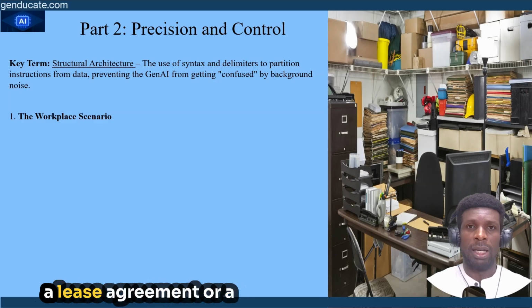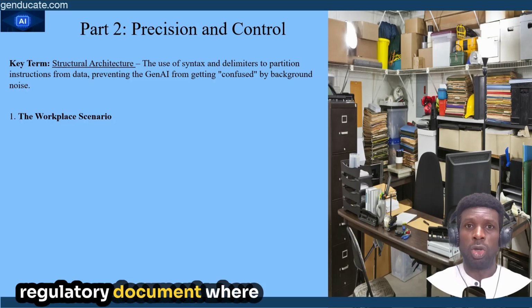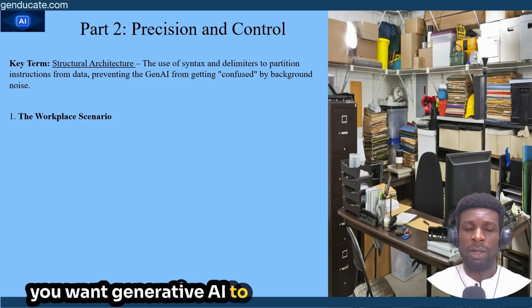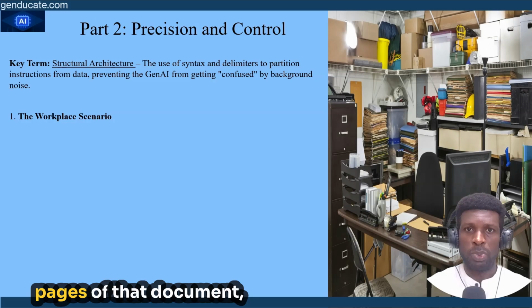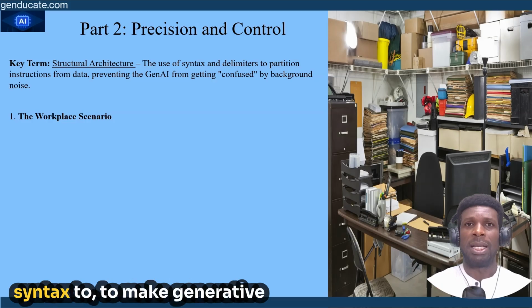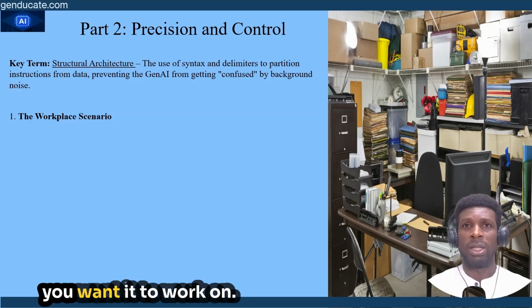For example, if you have a lease agreement or a regulatory document where there's a lot of information, it might be 50 pages, but you want generative AI to focus on maybe 2 or 3 pages of that document, you can use delimiters or syntax to make generative AI focus on the part that you want it to work on.